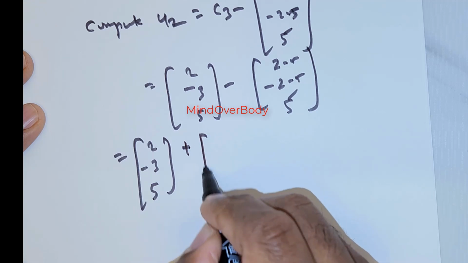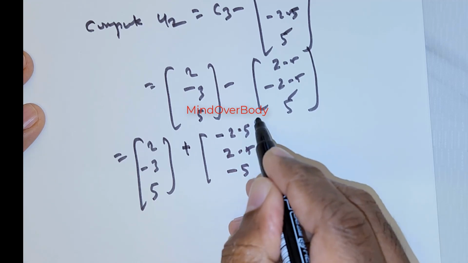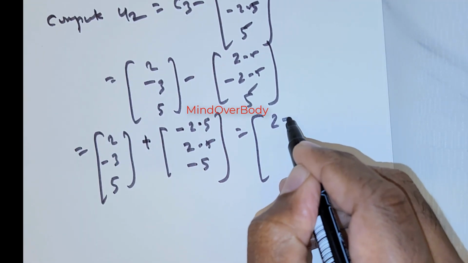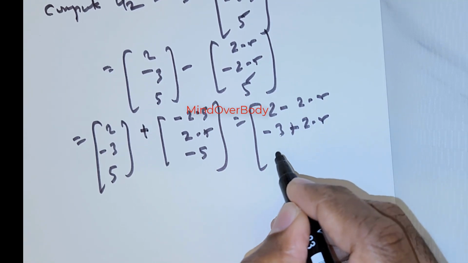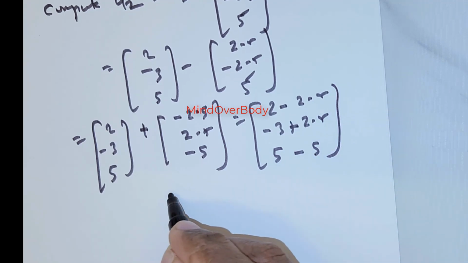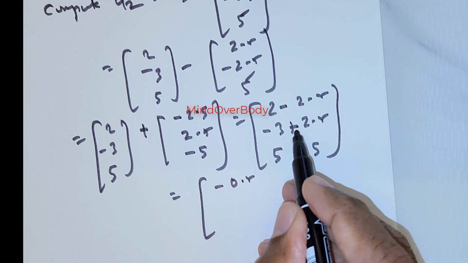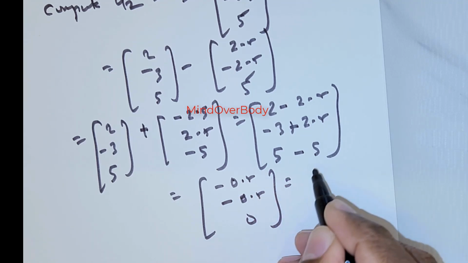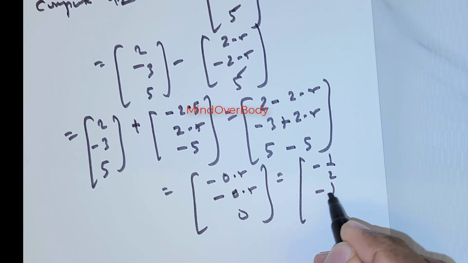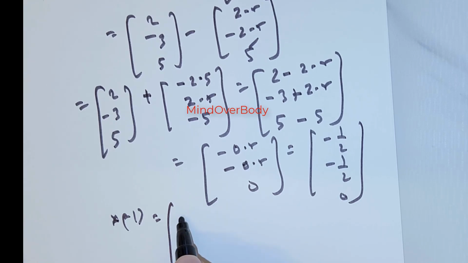If I push in the negative sign, it's negative 2.5, positive 2.5 and negative 5. So this is 2 minus 2.5, negative 3 plus 2.5, and 5 minus 5, which equals negative 0.5, negative 0.5 and 0. I can rewrite this as negative 1 over 2, negative 1 over 2 and 0. I multiply by negative 1 and this gives me 1 over 2, 1 over 2 and 0.